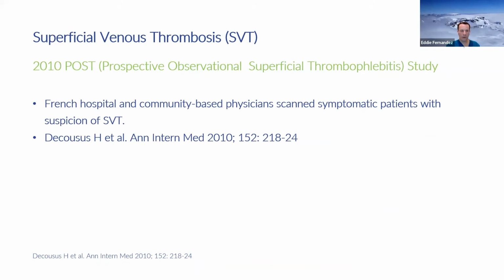When we move forward, we look at the Prospective Observation of Superficial Thrombophlebitis study, or the POST study, in 2010, in French community hospitals with community-based physicians, in which they scanned symptomatic patients with suspicion of SVT.